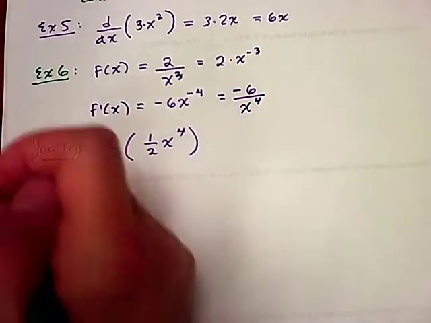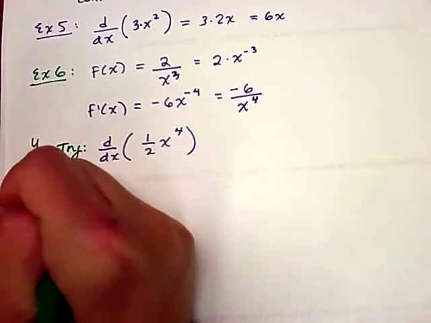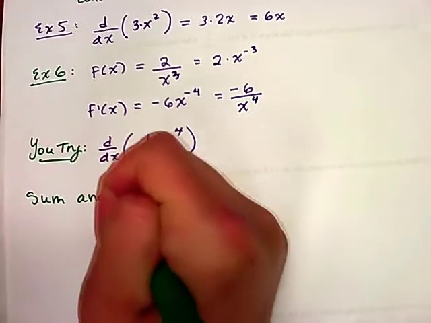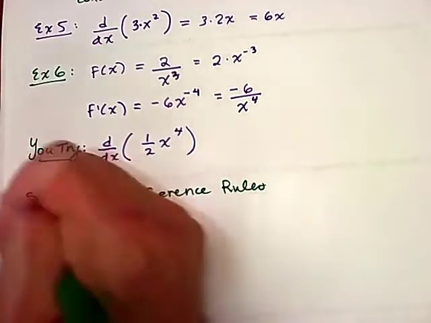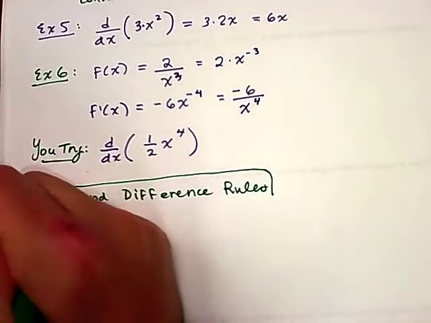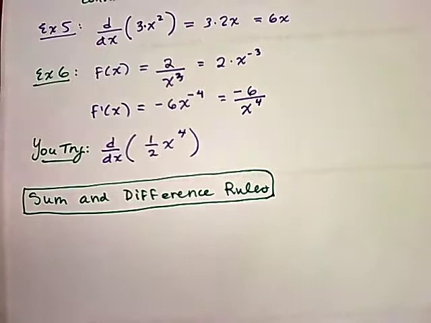The last thing we're going to talk about is something called the sum and difference rules. They're basically the same rule, except one's for addition and one's for subtraction.